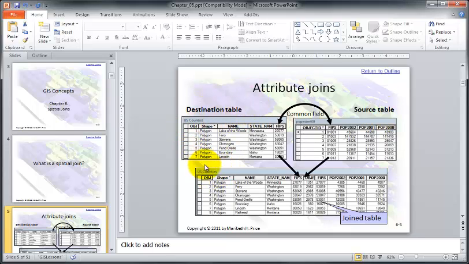The name is carried over. And in this case, the FIPS 27077 is right here, and then the information is appended onto it based on, for example, Lake of the Woods. And population is added to this table, population 2001, 2000, etc. This is the joined table.